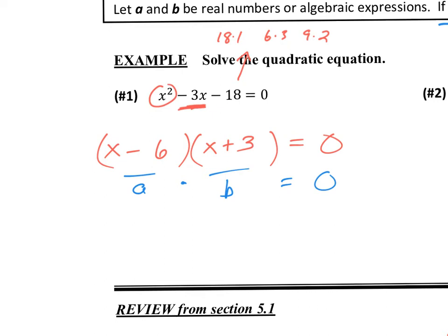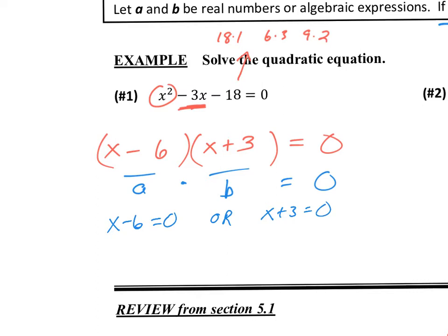Using the zero property, that means either x minus 6 has to equal 0 or x plus 3 has to equal 0. One of them has to be 0, because one of them is A and one of them is B. You're multiplying them together and you get 0.